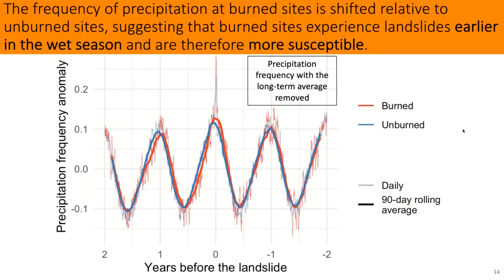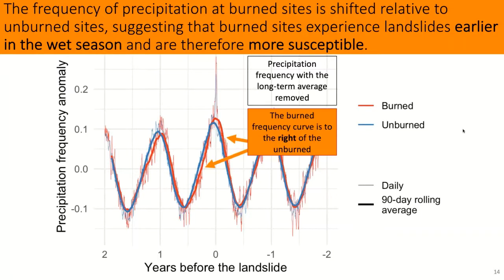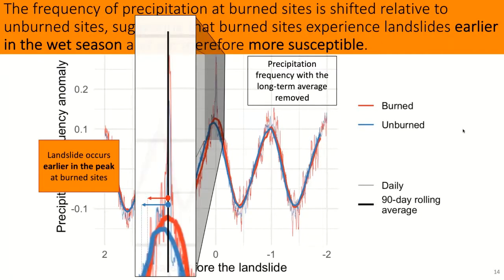But what I've done for this plot is removed that long-term average. And so you can see these curves are much more similar to each other, but also that the red curve is consistently shifted as compared to the blue curve. So it's always to the right, especially in that year of the landslide. And so what that means is that the landslide is occurring earlier in the wet season peak at burned sites.